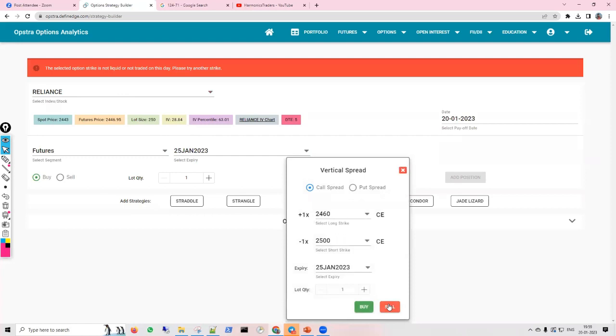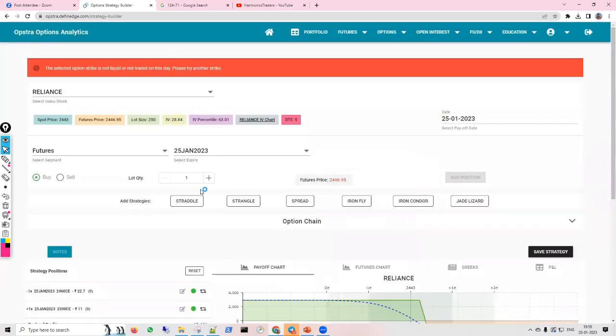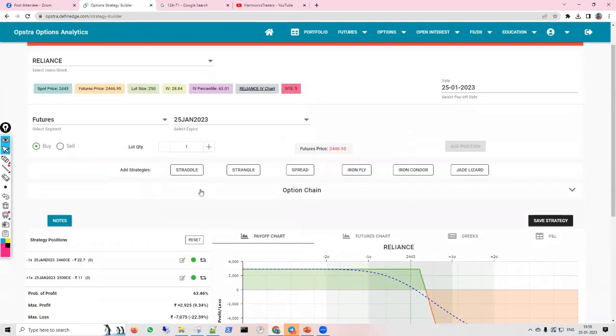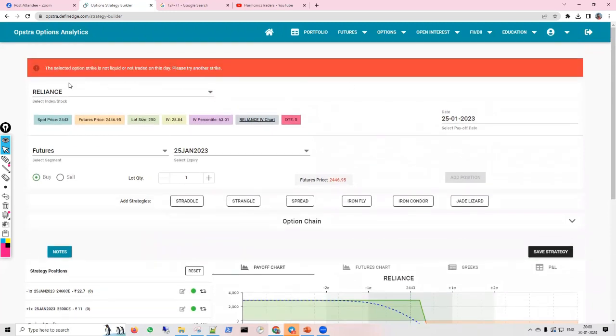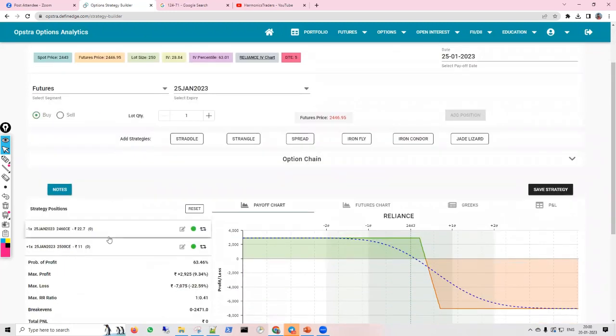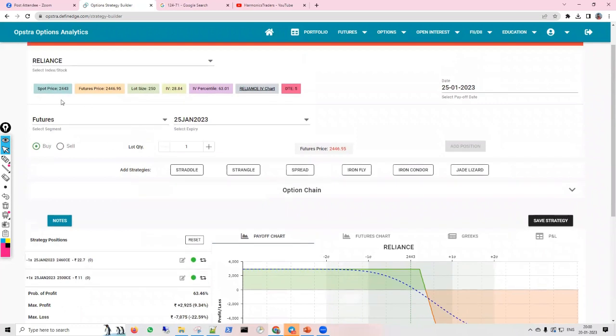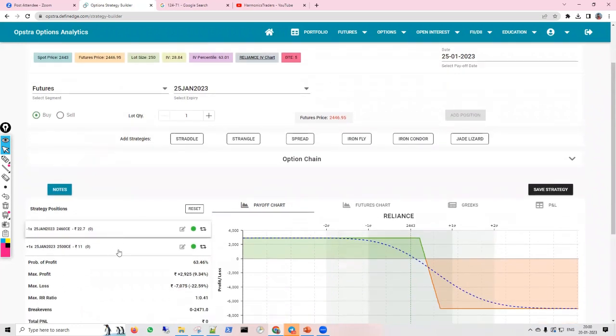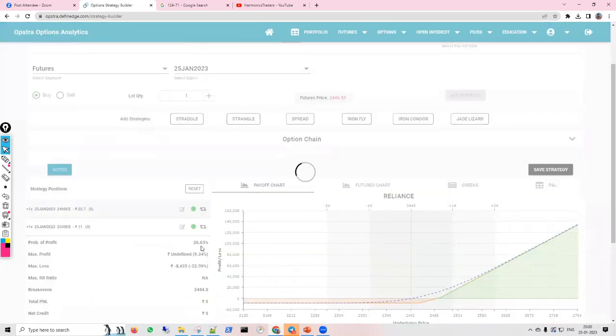Okay, Reliance, let us say we are bullish. Let's assume we have picked something where the movement is there. Now Reliance, the current price is 2443.